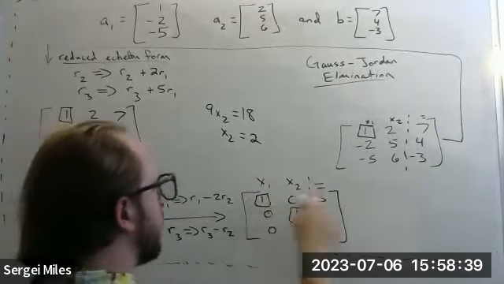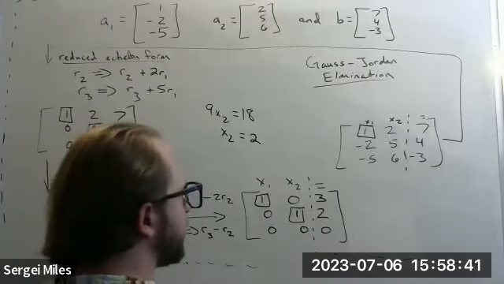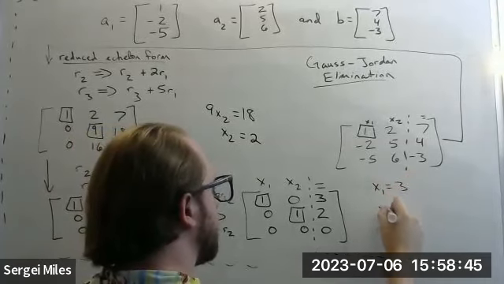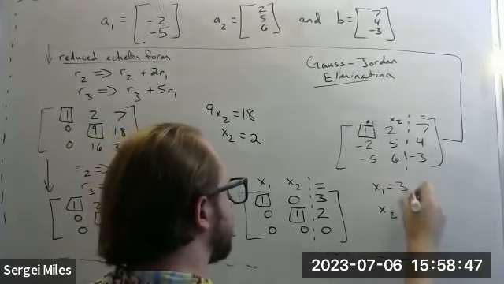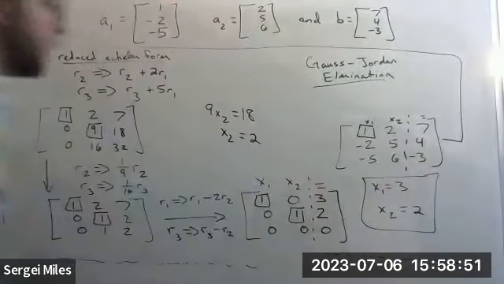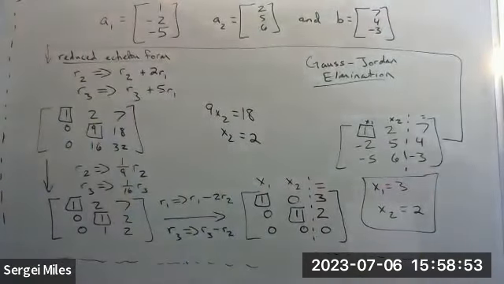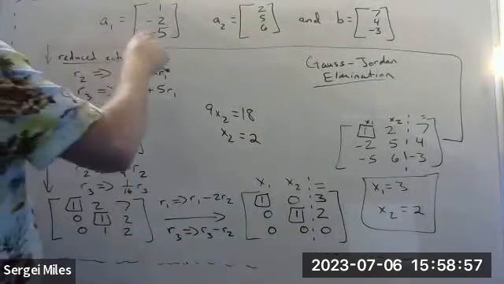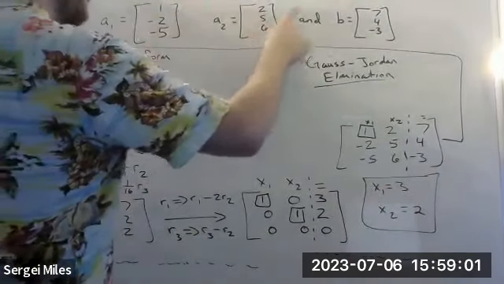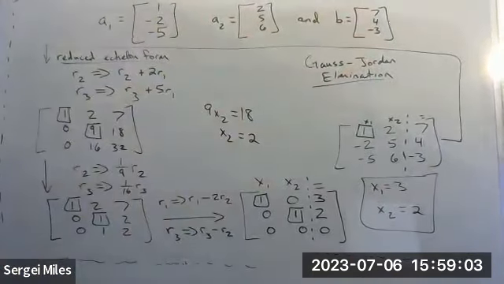What is it? Well, the first row as an equation says x1 equals 3, x2 equals 2. This is then our answer. And we can double check, does this make sense? The whole thing we're trying to determine is, is there some way to add A1 to A2 so that we get B as a result?